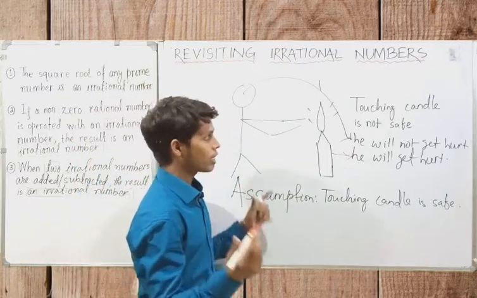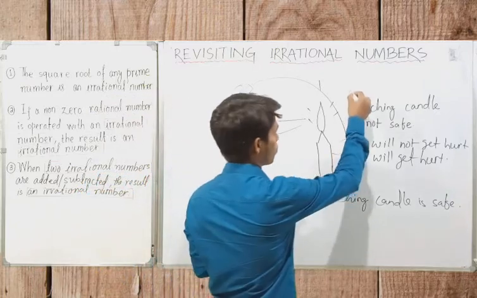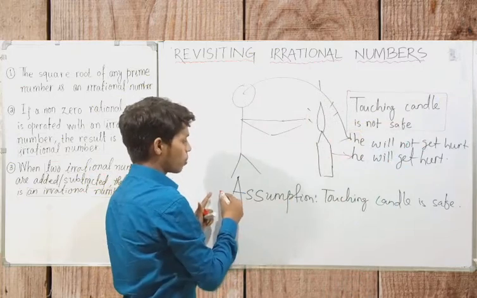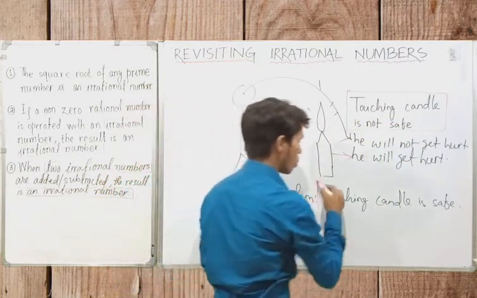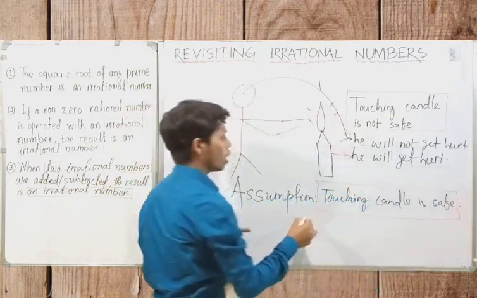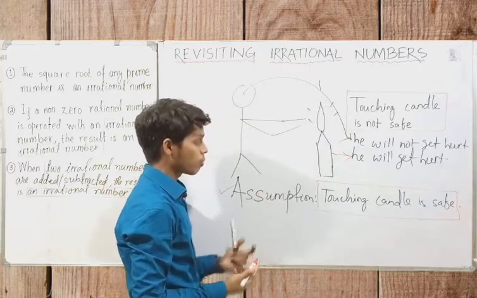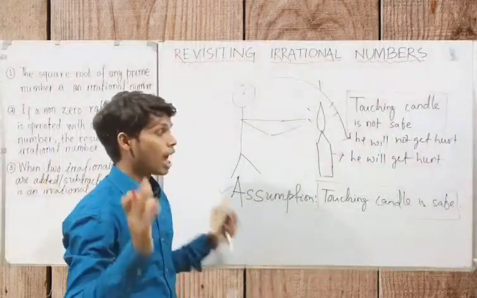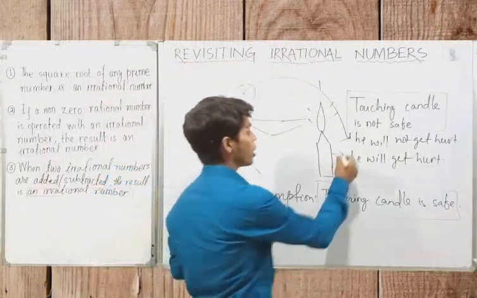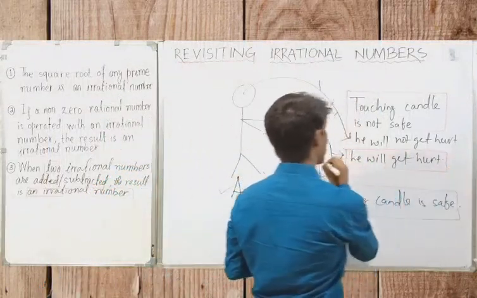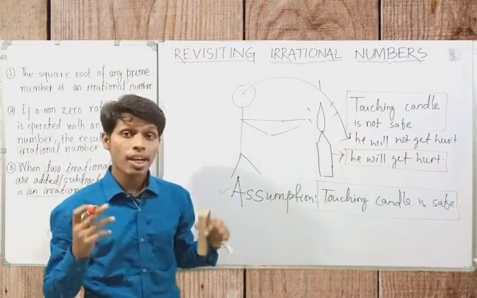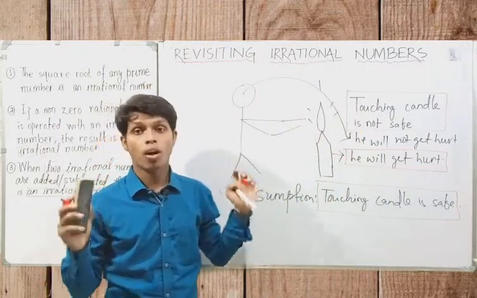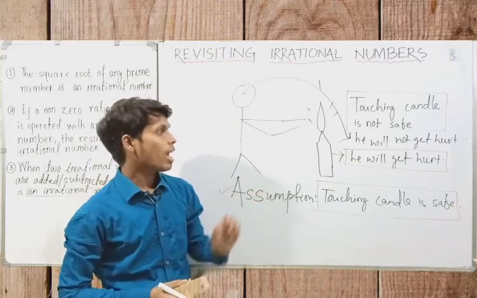Okay, so what are the steps? At first we have to take the correct statement, then you have to assume that the opposite of the correct statement is true, then you proceed as per the implication of this statement, and in the process at some point you will get a result which will oppose, or contradict, the reality or the basic laws of nature.